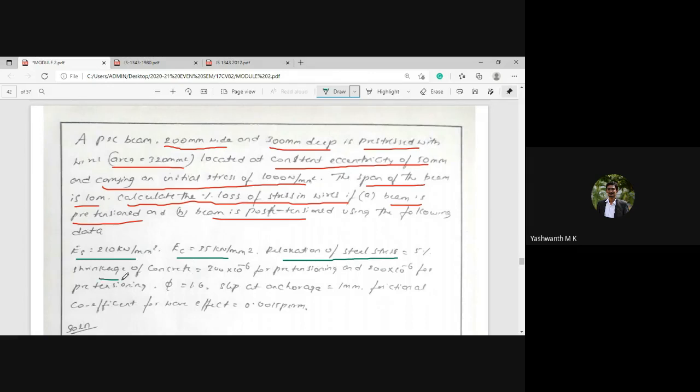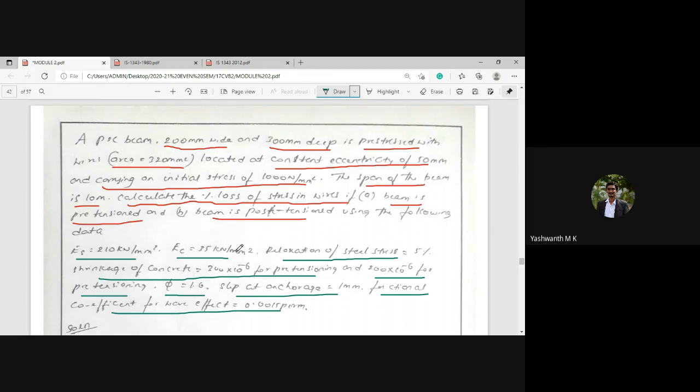Next, shrinkage of concrete for pre-tensioning, shrinkage of concrete for post-tensioning. Both the things they have mentioned. Creep coefficient they have given 1.6. Slip at anchorage they have given. Frictional coefficient or wave effect 0.0015 per meter. So these are all the data they have specified.